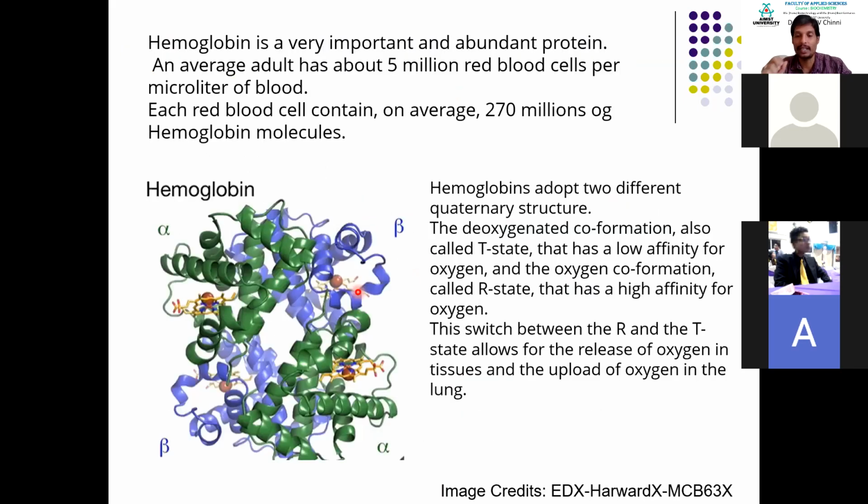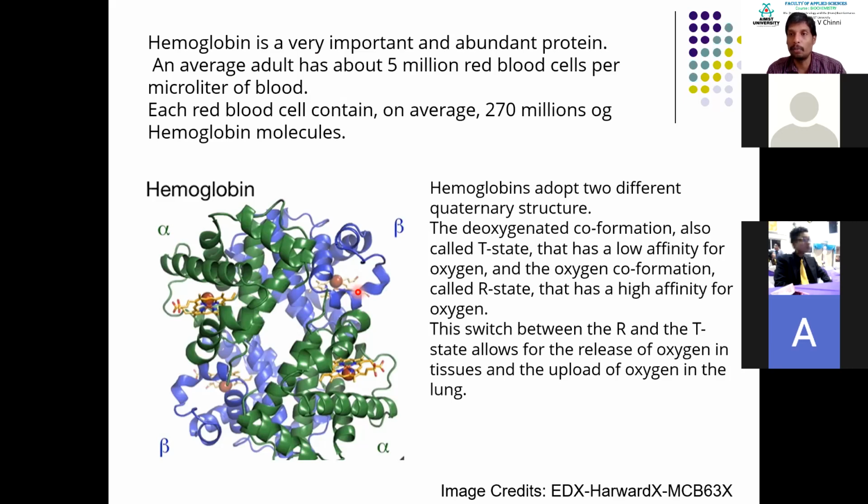So let us try to understand some of your physiology, which you may have heard or studied in the circulatory or respiratory system: how oxygen is supplied from the lungs to all parts of the body.